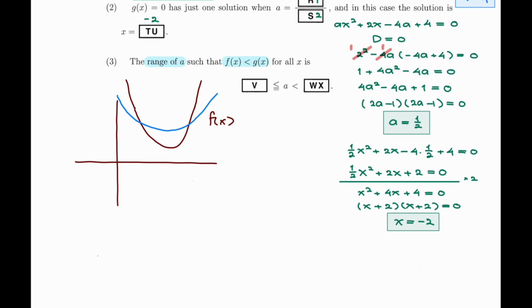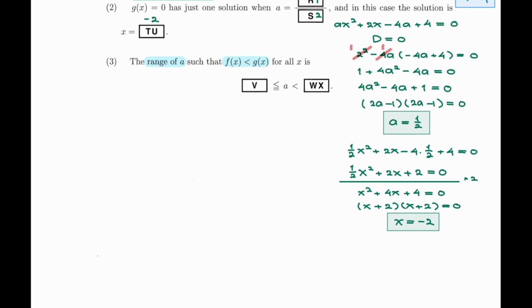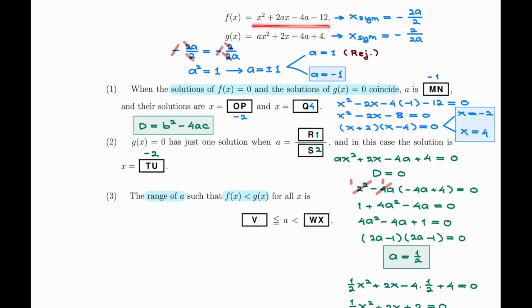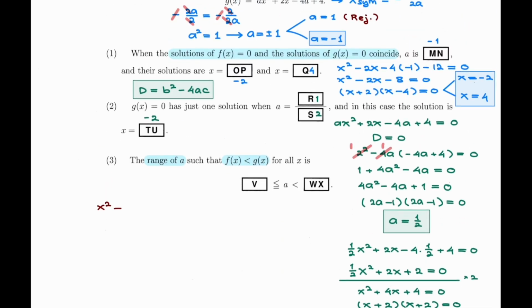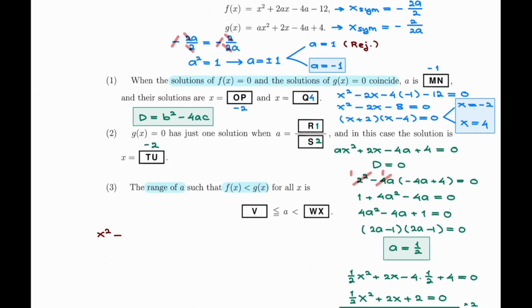If we need to find the point of intersection, I will just equate the expression. To find the point of intersection, I will equate f of x equals g of x: x squared plus 2ax minus 4a minus 12 equals ax squared plus 2x minus 4a plus 4.